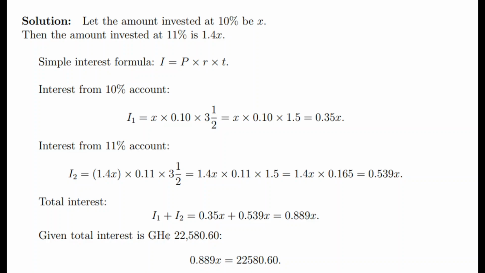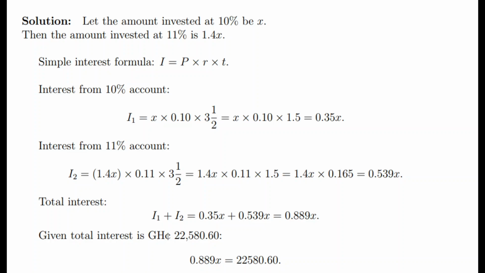The interest from the 11% account is our principal 1.4x, times our rate 0.11, times our time 3.5, which gives us 0.539x. So our total interest is the interest from the 10% account plus the interest from the 11% account, which is 0.35x plus 0.539x.